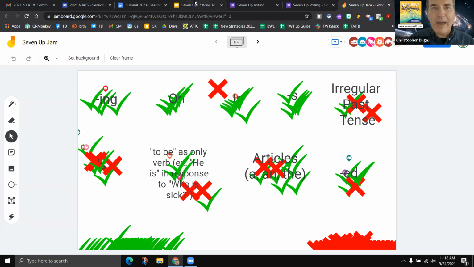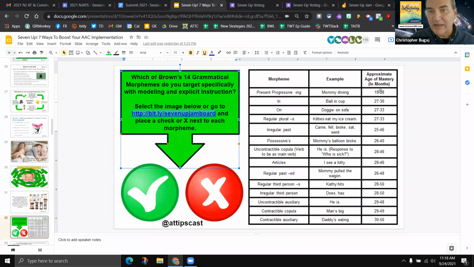Well, if you go back to this chart, you see that ing comes as mastered before in and on, and these other morphemes are really early onset. It's a question you have to ask about your implementation: should I be targeting morphemes as opposed to core vocabulary, or should I be targeting morphemes with core vocabulary?